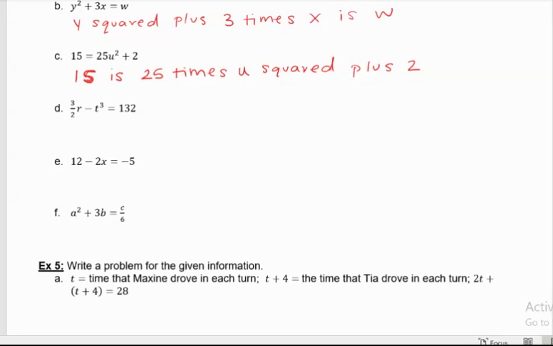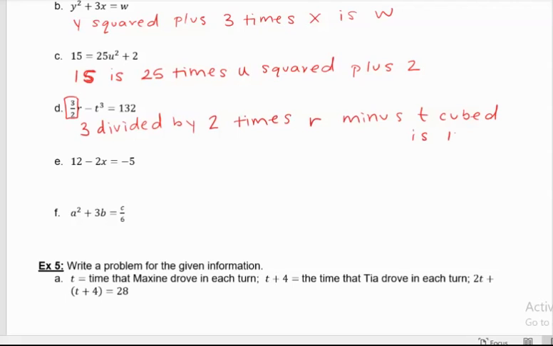Okay, for D, I have 3 over 2r minus t cubed equals 132. Now you can write this a couple different ways. I'm going to write it the way that I think most students will write it. So when I look at this fraction here, I can write it as 3 divided by 2 times r minus t cubed is 132.